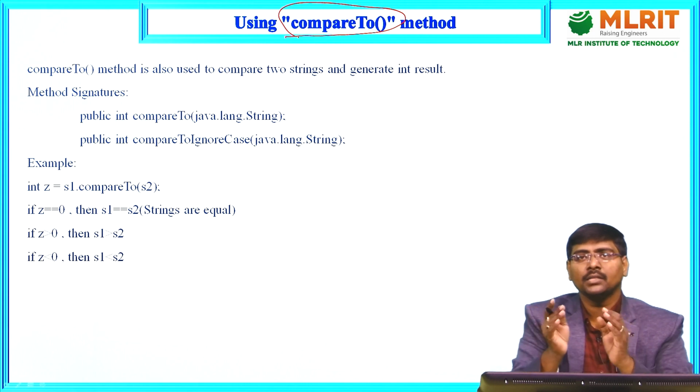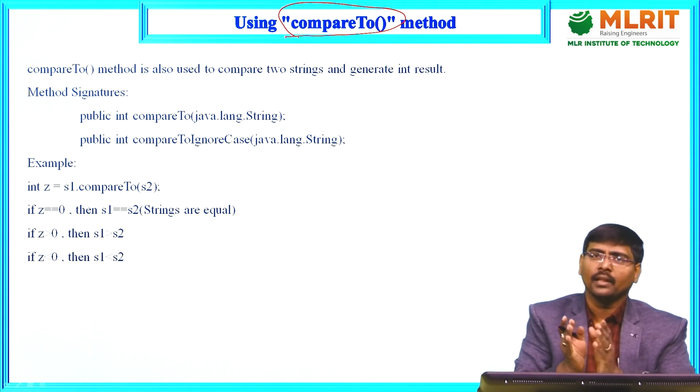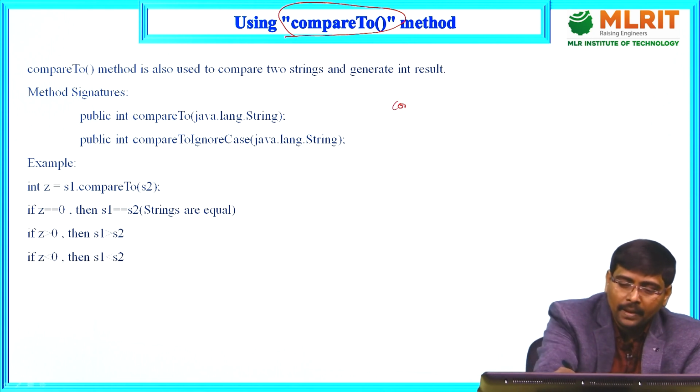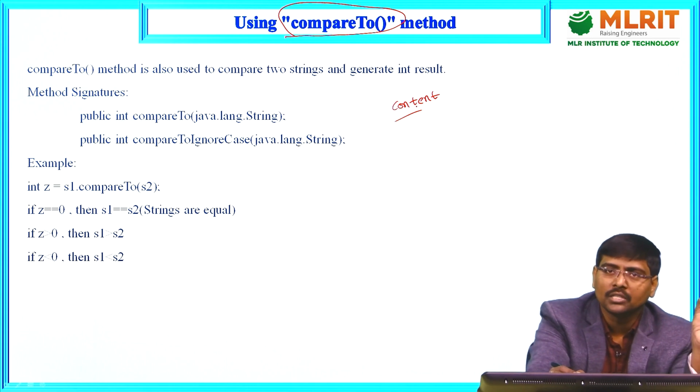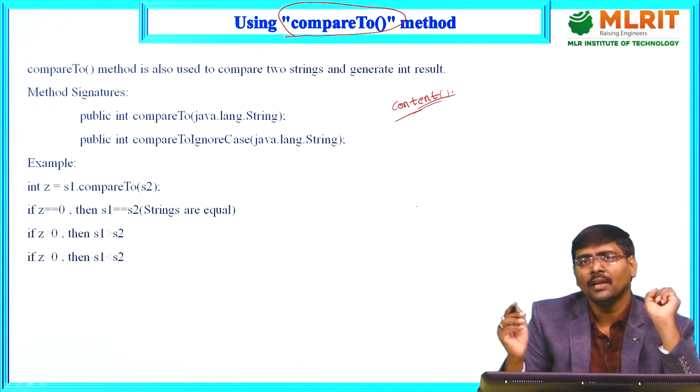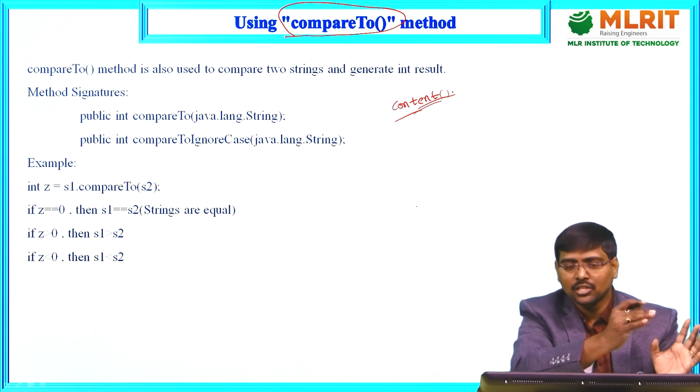Another example is the compareTo method. It also performs the comparison based on the content. Similar to the equals method, it also performs the comparison based on the content of the string. Then what is the difference? Simple thing.